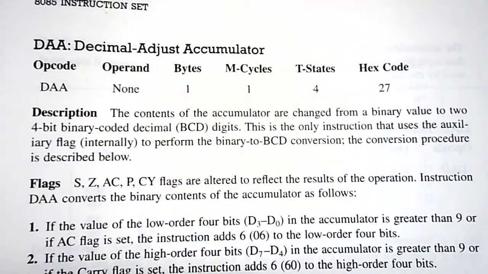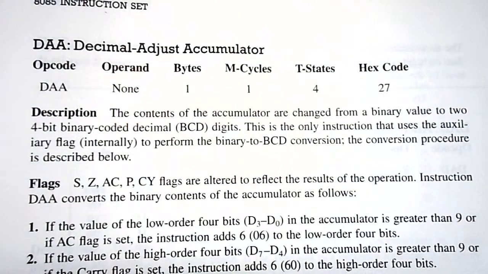So on page 747 of the 5th edition of your textbook, we have the DAA command. It's called Decimal Adjust Accumulator. You'll see it's 1 byte, 1 machine cycle, and takes 4 T-states, and its hex code is 27. Under description, it says the contents of the accumulator are changed from binary value to 2 4-bit binary coded decimal BCD digits.